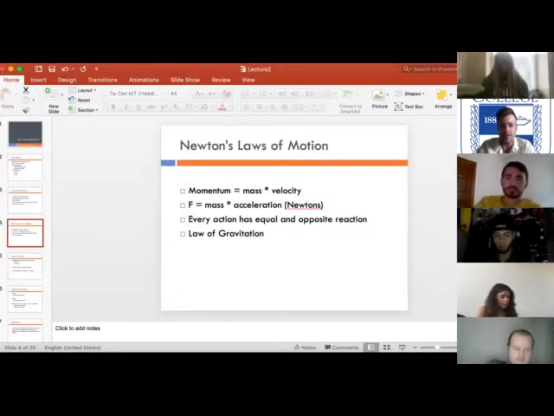And then the third law that we're going to be talking about this semester is every action has an equal and opposite reaction. It's one of the reasons why your body can remain supported by your legs. So one of the reasons why a cane works. It's one of the reasons why you're able to jump when you push into the ground and your muscles create a force and push into the ground.